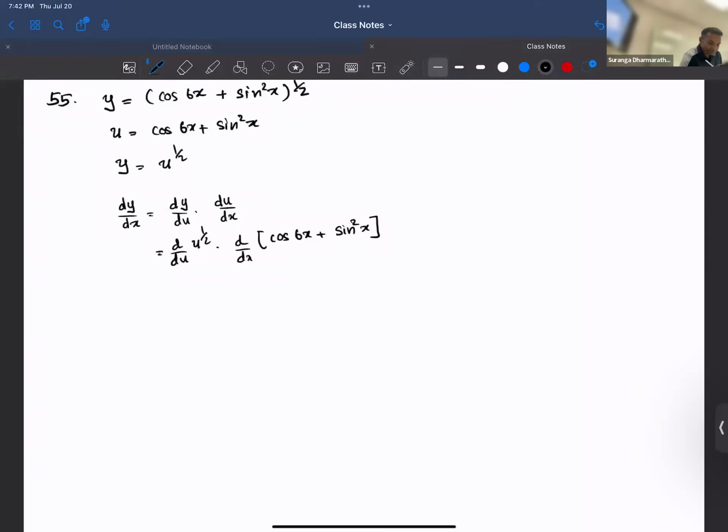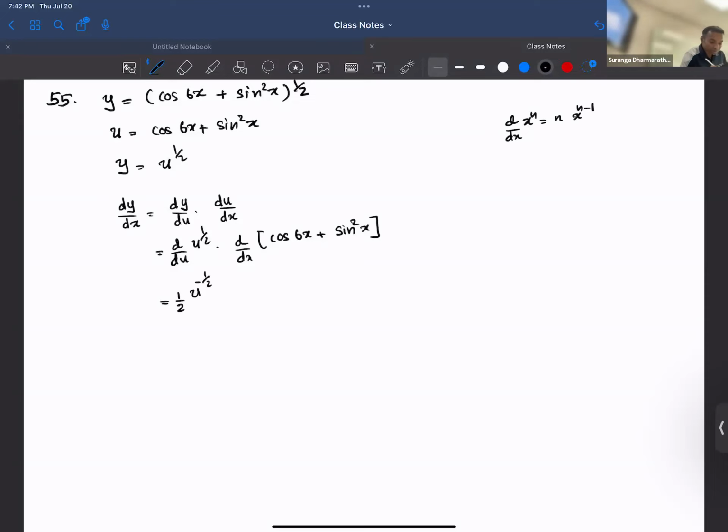Now, what the basics is, now you can do this one easily because you know d over dx, x to the power n is equal to n times x to the power n minus 1. Right? So you can do half times u to the power negative half, right? Half minus 1 is negative half. Are you all with me?